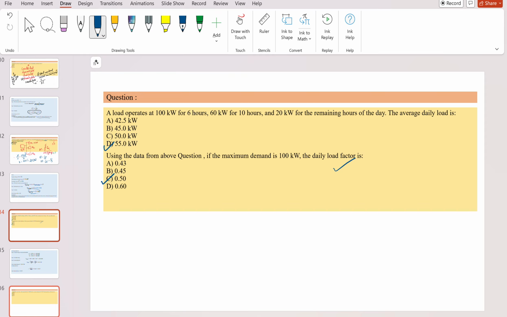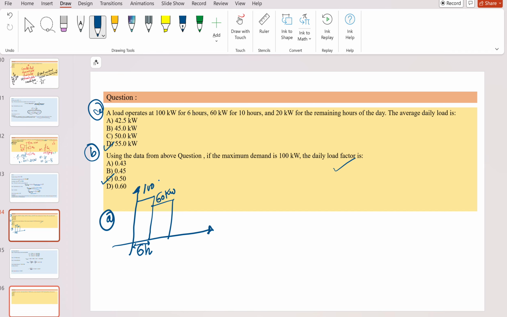So in the first problem, suppose this is the A part and this is the B part. In the A part, it is given what the daily load curve will look like: 100 kilowatt for 6 hours. Then you have 60 kilowatt for the next 10 hours.